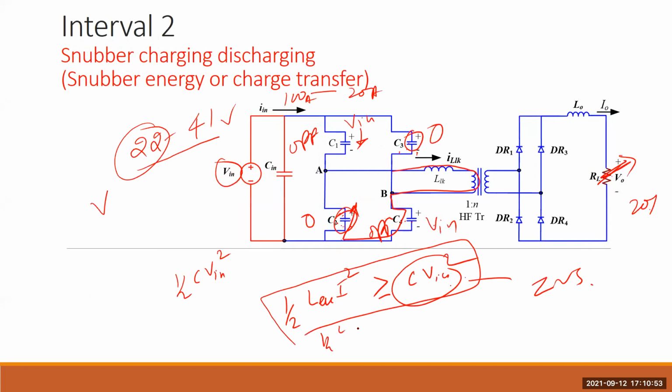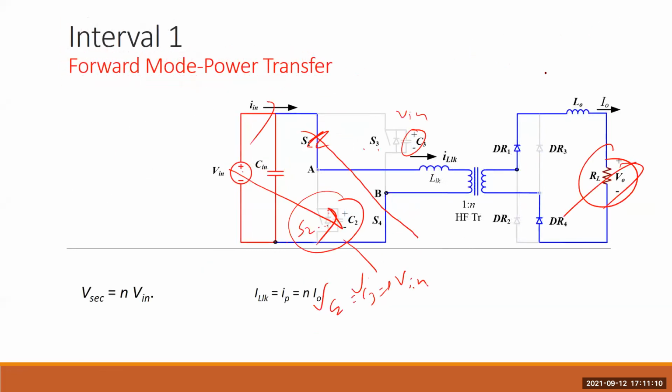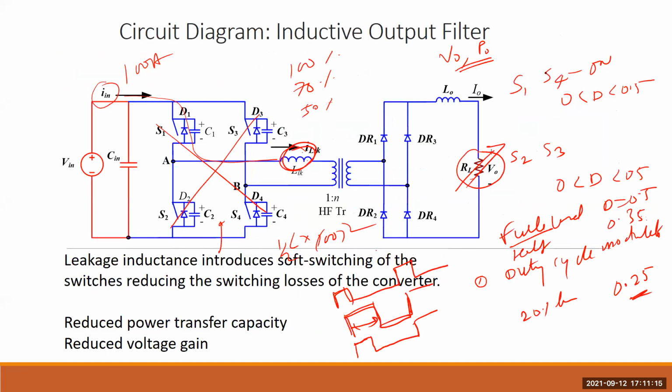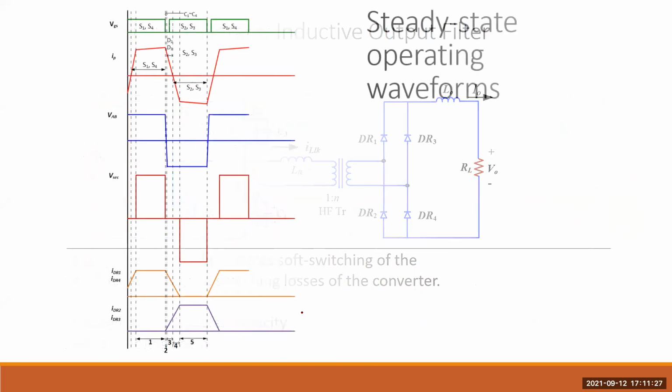So what happens now? Earlier, half L into 100 square was the energy to charge and discharge C V in square. But now the energy is basically half L into 20 square to charge and discharge this, which is not possible now, because the inductor is not able to store sufficient energy during this short duty cycle, and the circuit will lose ZVS.